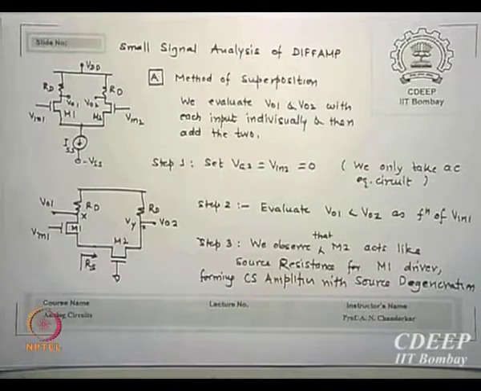If I know that, then I say this is a common source amplifier, degenerated. What will its gain be, roughly? Yes, RD by RS equivalently is the gain of a common source amplifier with source degeneration. Or essentially gmRD upon 1 plus gmRS is the gain for these amplifiers. Is that clear? So we will just calculate these things.